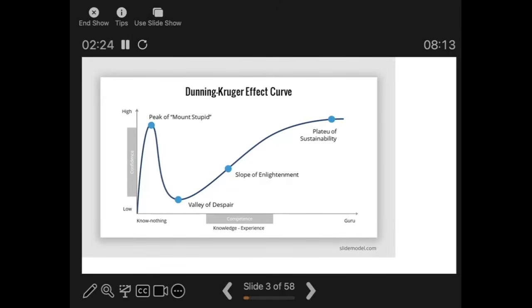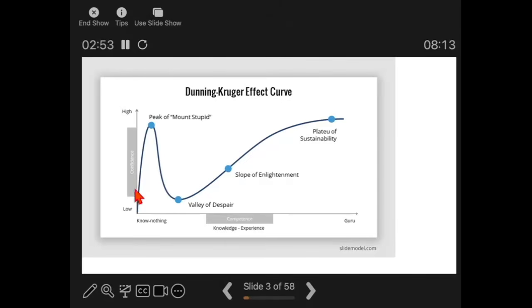Intermediate learners may be underestimating themselves. True expertise brings both competency and humility. So structured feedback and mentorship are therefore essential to guide learners through this curve, helping them progress from initial overconfidence through self-doubt to genuine mastery.